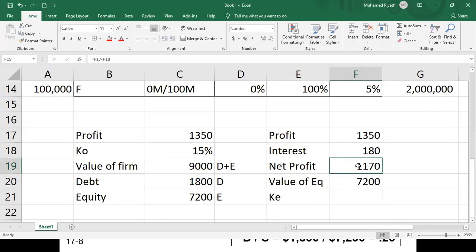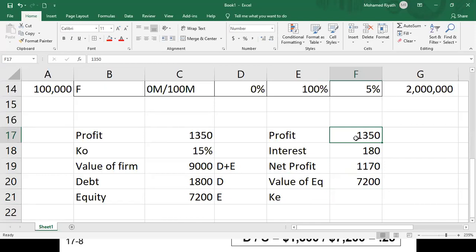This profit belongs to whom? To the owner or the bank, the loan provider? This 1,350 belongs to both.